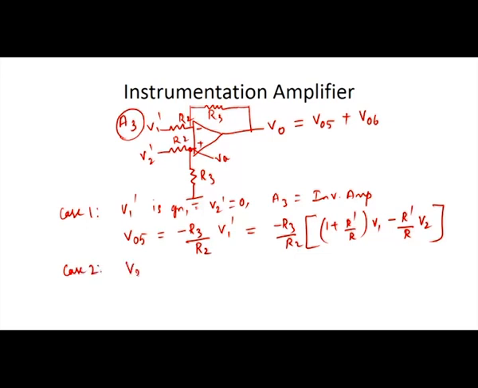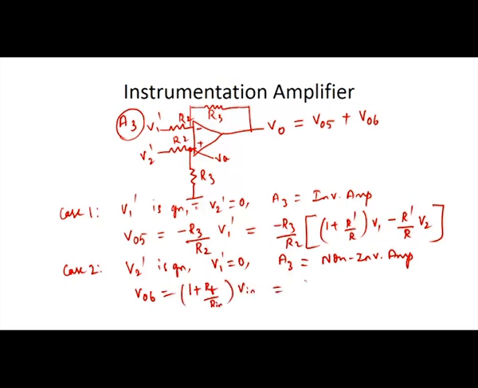And what is V0 for case 2? Case 2, only V2 dash is given, V1 dash is 0. In that case the amplifier is acting as a non-inverting amplifier. So, the gain is 1 plus Rf by R1. The output voltage is represented as V0 6, the gain is 1 plus Rf by R in this case, into V in.